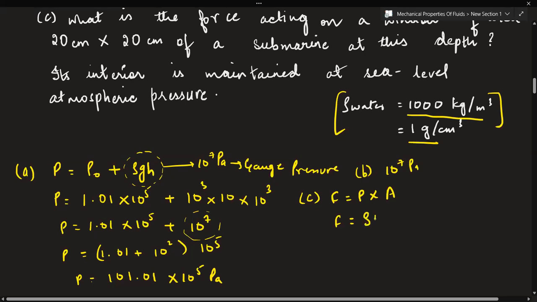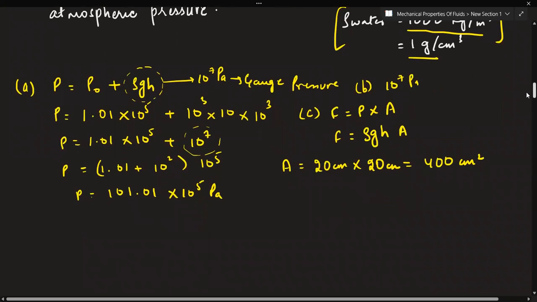So this pressure would be equal to rho g h multiplied by area. The area is 20 centimeter into 20 centimeter, that is length into breadth, which makes it 400 centimeter square. This is given in centimeter, so we converted it into meter because we have to write the answers in SI unit. That's why we have taken pascals.